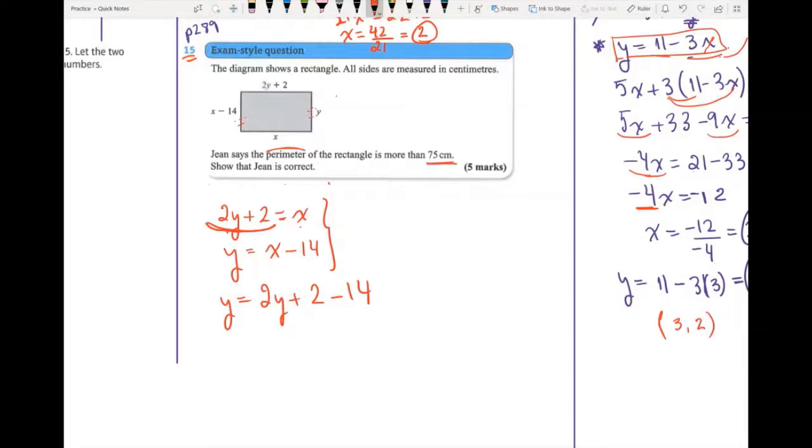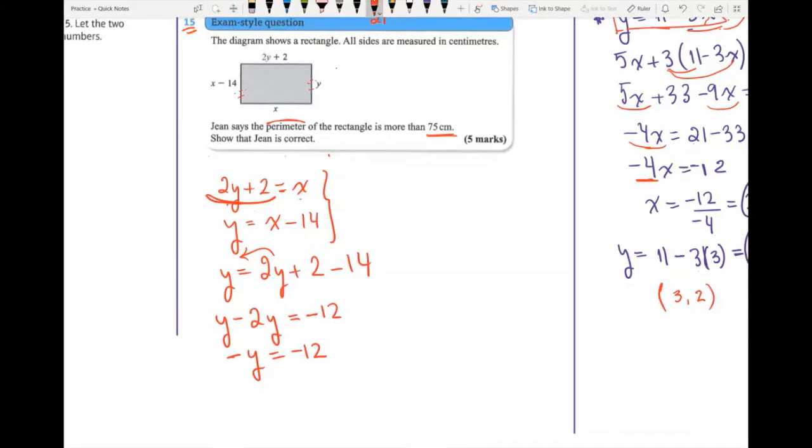So we have now to collect like terms. I take the y to the other side, and this is going to be minus 14 plus 2, which is minus 12. So minus y is equal to minus 12. We divide by minus 1, so y is equal to 12. So if y is equal to 12, I take the y and replace it in this equation.